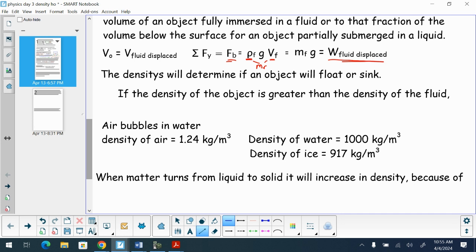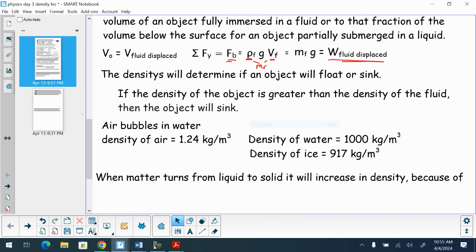Densities will determine whether the object will float or sink. If the density of the object is greater than the density of the fluid, the object will sink.